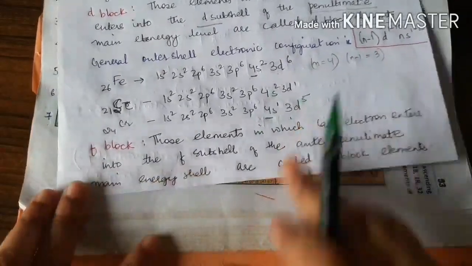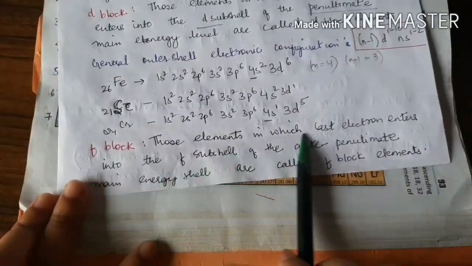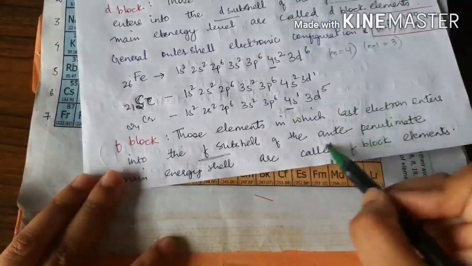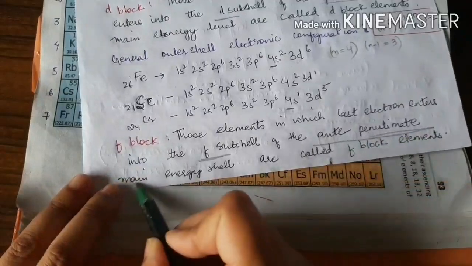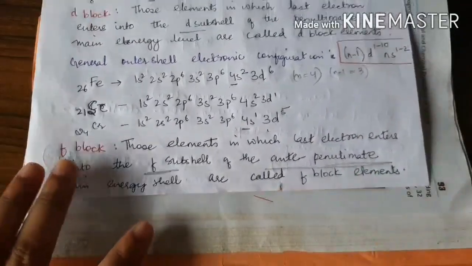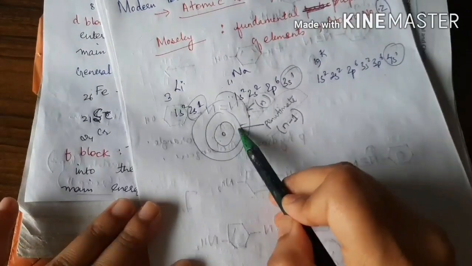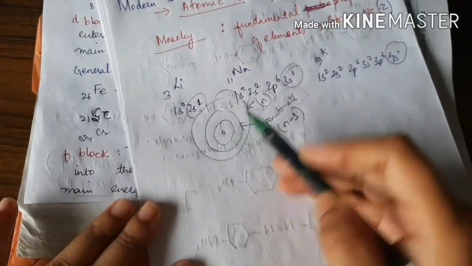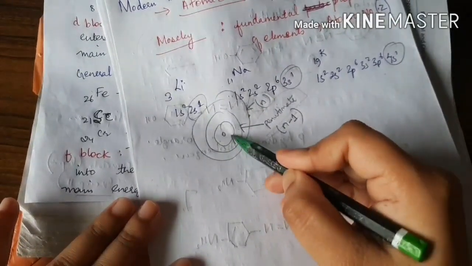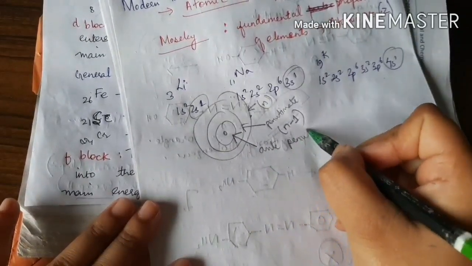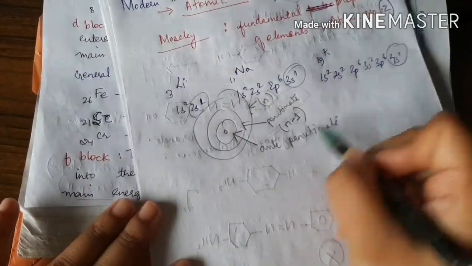Got it? And finally, the f block. These are elements in which the last electron enters the f subshell of the anti-penultimate main energy level. Anti-penultimate is this one. This is the penultimate, second last, and one step inside is called the anti-penultimate shell.